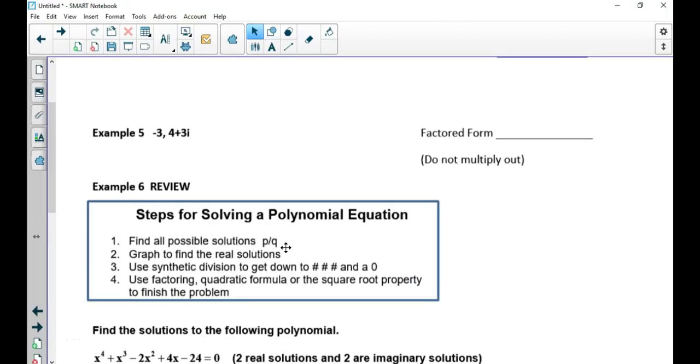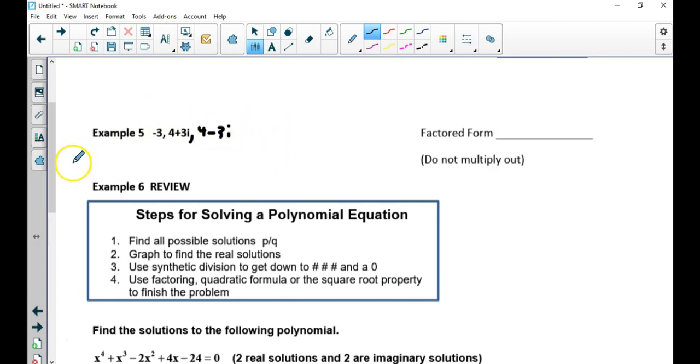Okay, example 5. So for this one, you got to remember that whenever you have an imaginary number, such as 4 plus 3i, you're going to have the conjugate 4 minus 3i. So I would suggest you automatically just write this every time.